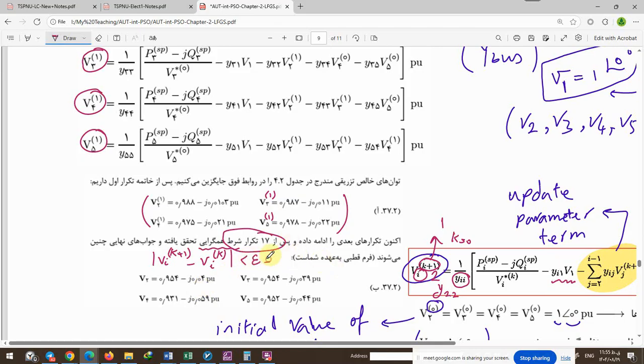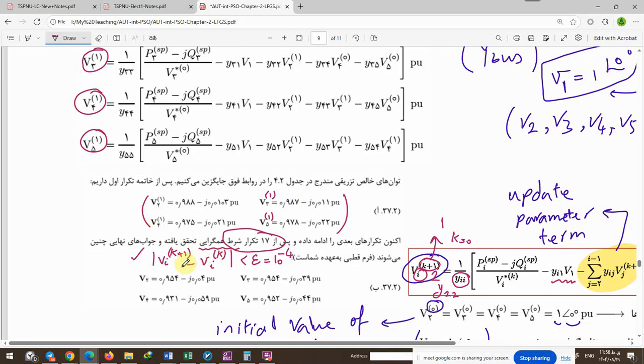Epsilon is 10 to the power of minus 4. After 17 iterations, we reach this convergence condition, and we are allowed to stop the iteration and calculation.